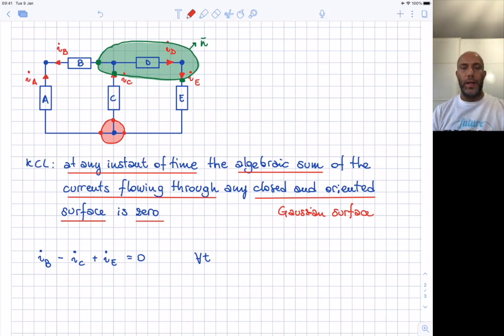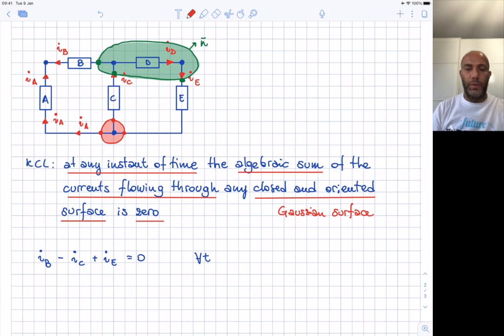The currents are not readily available right now, but if we consider, for example, the component A, we know that the current is flowing up in this case. This means that it's flowing up also before the component, and this is the current IA as well. And this is current IA.